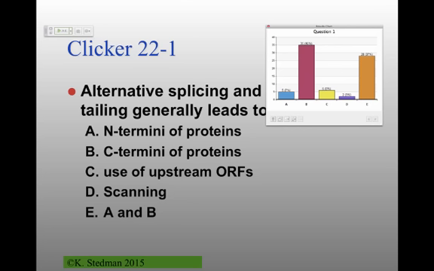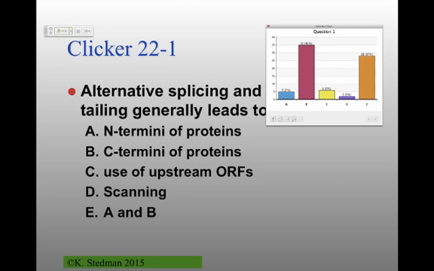So what is going on with alternative splicing and alternative tailing? What happens then? Okay, I guess it's daylight savings time and everyone's still not quite awake yet. So the idea here, okay, let's start out with alternative tailing.